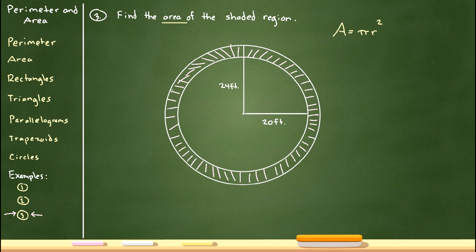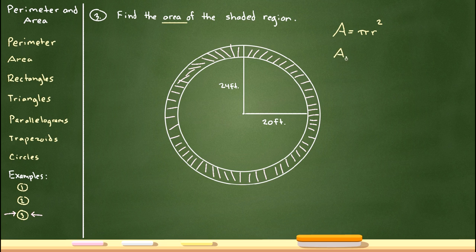Now, let's see. So the area of the shaded region. Well, we could find the area of the bigger circle, and if we were to subtract the area of the smaller circle, then that's going to leave us with this area of the shaded region. Okay.